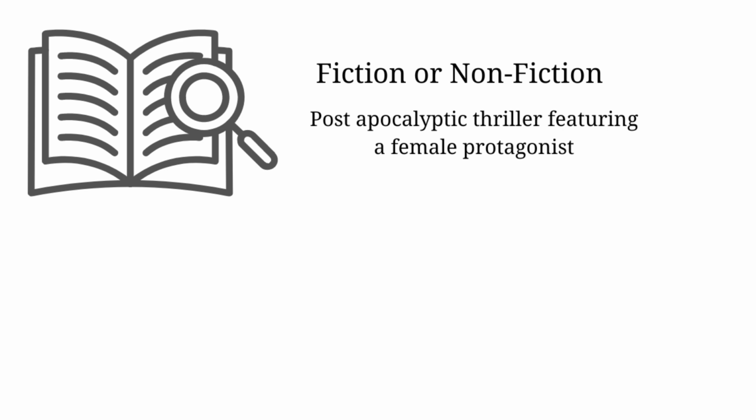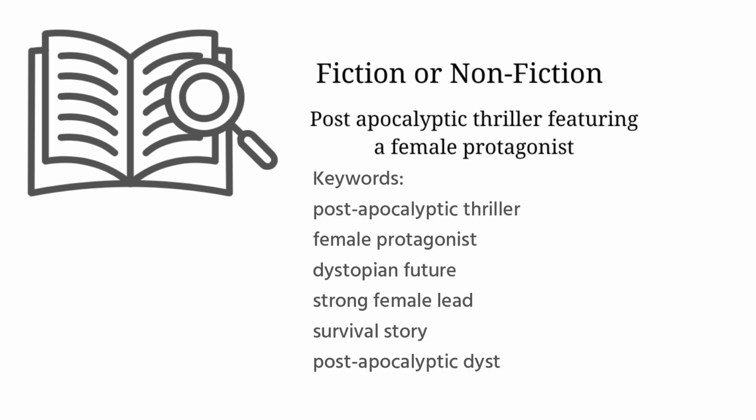For that example, you could use post-apocalyptic thriller, female protagonist, dystopian future, strong female lead, survival story, post-apocalyptic dystopia, thriller with female lead. And you can also see that those keywords and phrases cover both short tail and long tail keywords, and providing a broad representation but also very accurate representation of the content of your book.